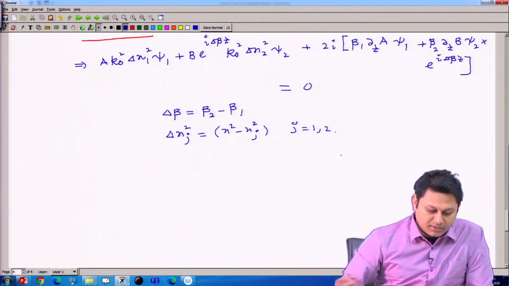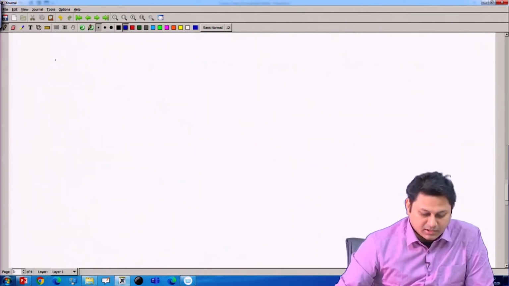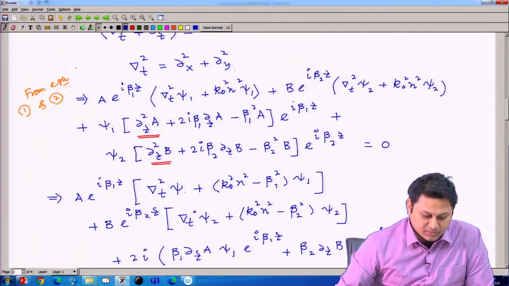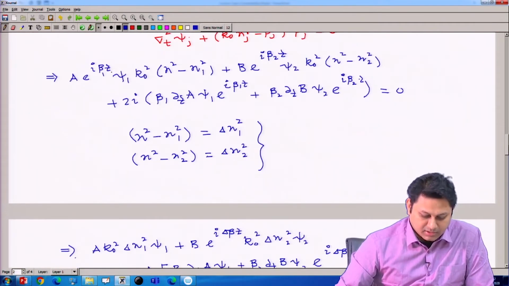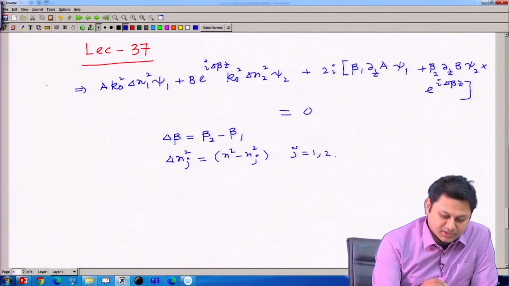Well, now let me write this equation as equation 3, as in the last class I wrote this equation.